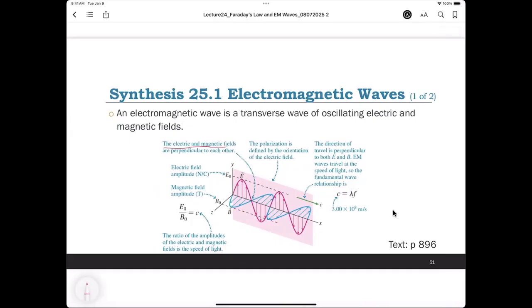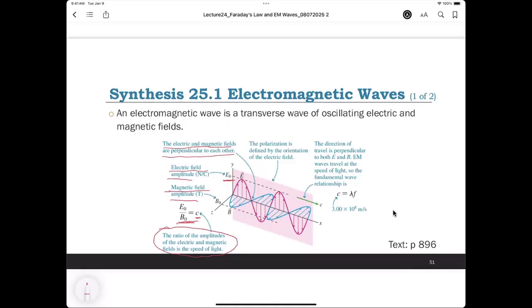The electric field and the magnetic field are perpendicular to each other. The electric field amplitude is E0, the maximum electric field, and B0 is the maximum magnetic field, which we call the magnetic field amplitude. The ratio of the amplitudes of the electric and magnetic fields is the speed of light.